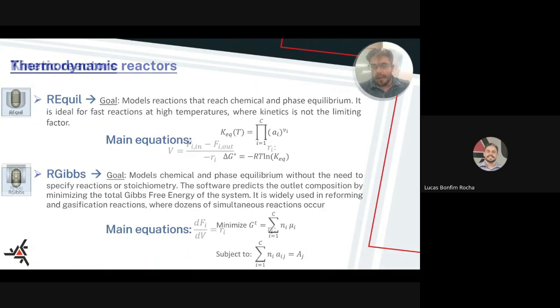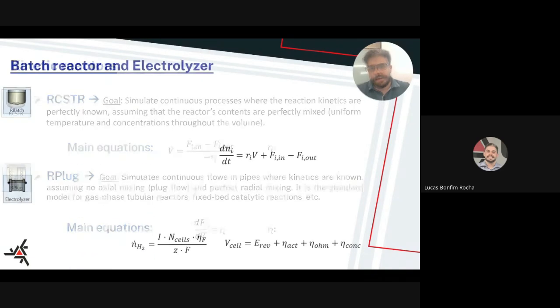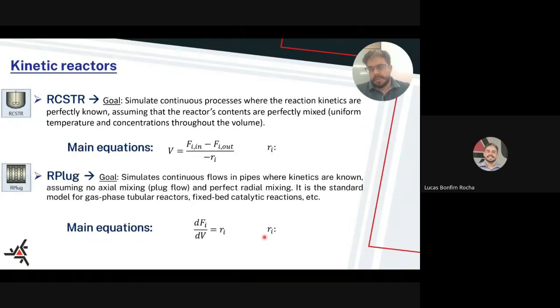So next, the other possibilities that we have for simulating reactors are the kinetic reactors. In this case, you have two main kinds of reactors.